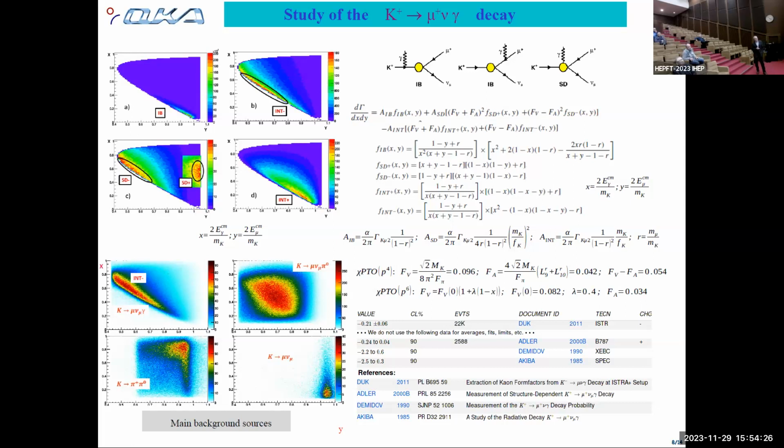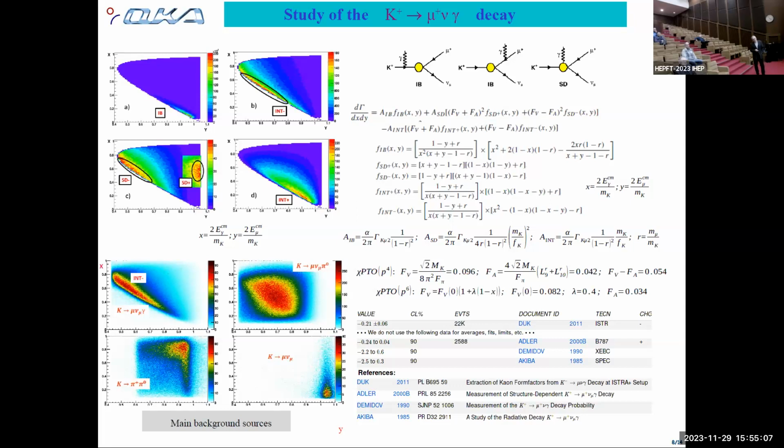There are quite strong backgrounds. The main one is from K mu2, when one photon is lost by the pi zero. There are some other backgrounds, but this is the main one. The previous history of studying this decay is that the best paper with the highest statistics is our paper, when we were working on our previous setup called ISTRA Plus.